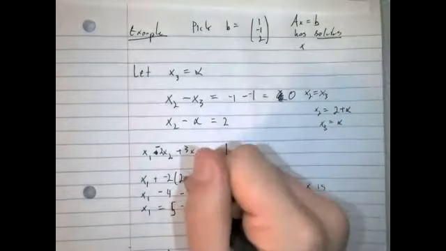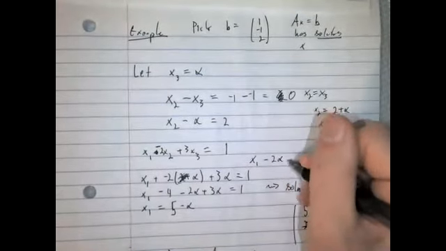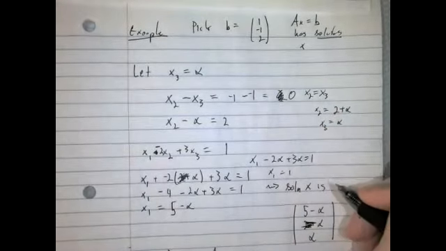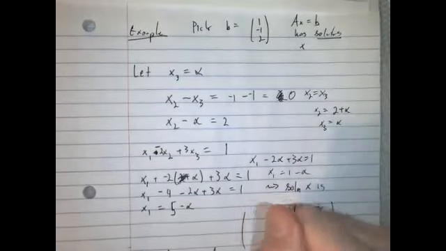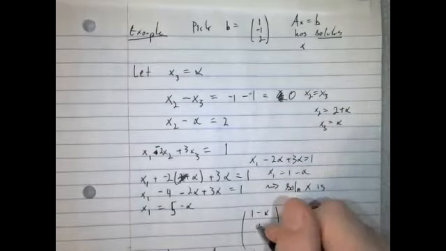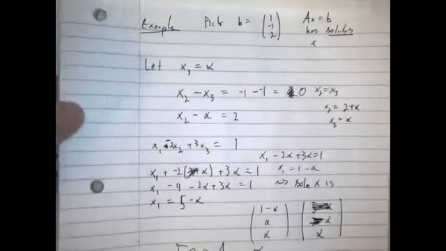And then I need to go back and change this. So then I'd get x1 minus 2 alpha plus 3 alpha is equal to 1. So x1 is equal to 1 minus alpha. So that changes all my stuff up. So I made an error in the calculations. I think it should be 1 minus alpha, alpha, and alpha. Sorry about that.